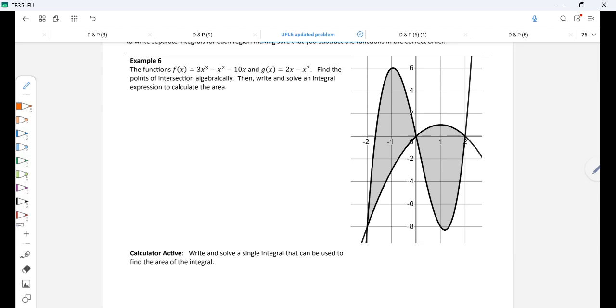We have a cubic function and a quadratic function, so something with an x cubed and something with an x squared. The cubic function is the upper function in the first part, but then it switches roles to the lower function. So in one case, we'll have to do f minus g, and in the other case, we'll have to do g minus f.